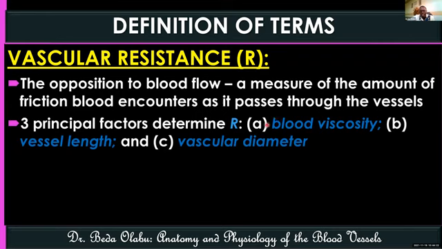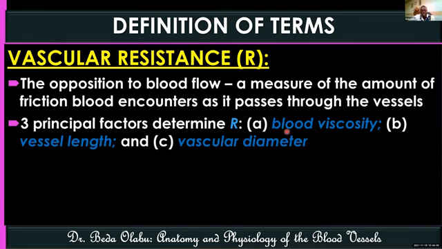If the blood is very thick, the resistance will be high, and so the pressure will be high. Or let me put it this way: if the blood is very thick, then the blood flow will be low, because blood flow is inversely proportional to resistance.